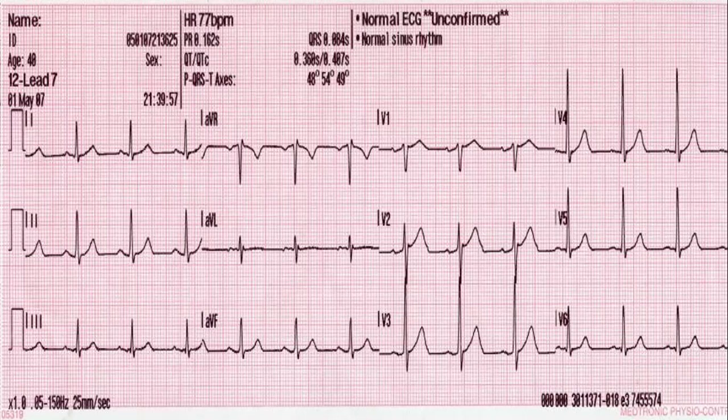Check temperature again, and continue high quality CPR 30 to 2. Temperature about 27. Still the temperature is below 30, withhold all the medication and continue the active and passive rewarming and high quality CPR.